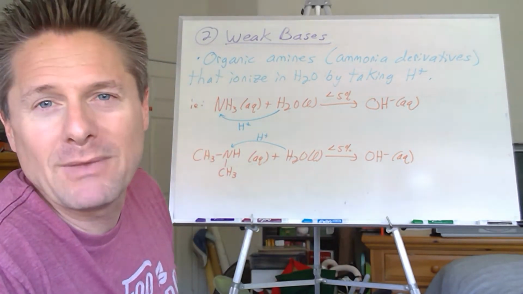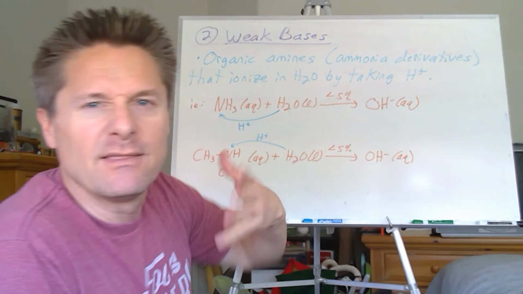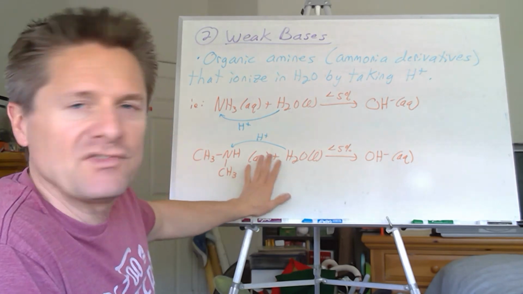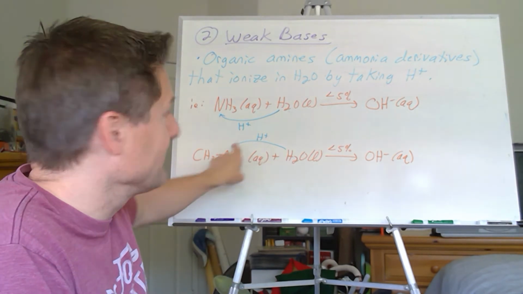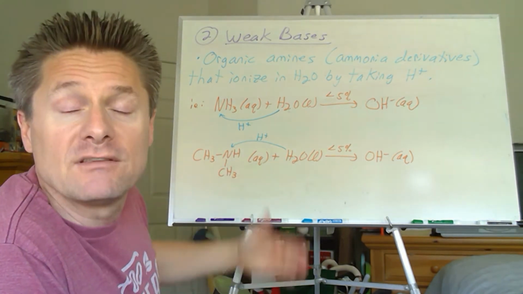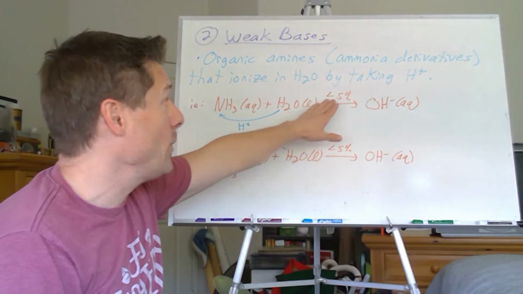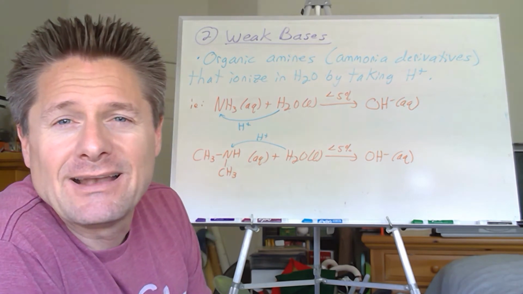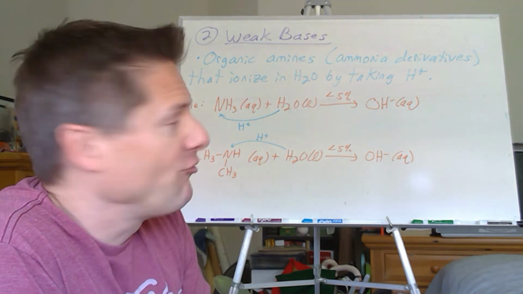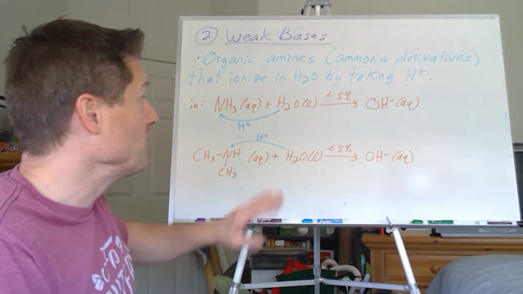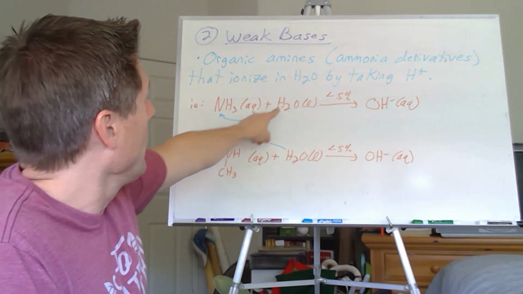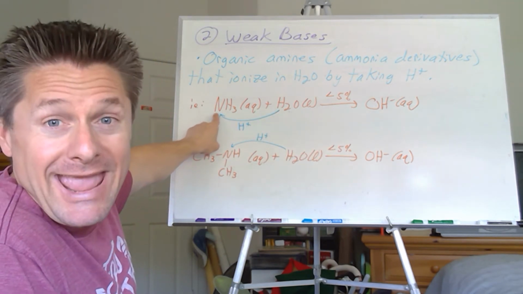You're forming OH- in solution, says Svante Arrhenius. And we'll see Bronsted-Lowry defined it as a proton taker or acceptor. Svante Arrhenius defined it as something that produces OH-. Now, since that's weak, it's going to do it to a less than 5% extent. So the dominant species would be the molecule. Now, what else do we form? Well, that picks up a hydrogen, so that'd be NH4+, the ammonium ion.